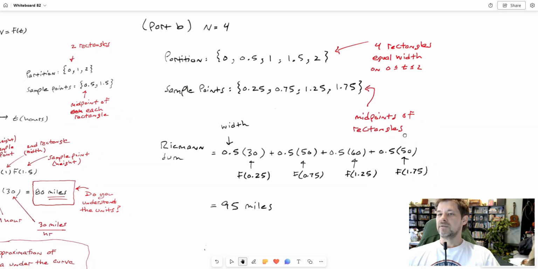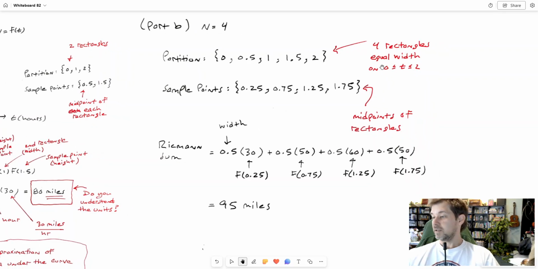All right, so here's the partition dividing the space from 0 to 2 into 4 equal parts. Now, if I want to, I can imagine those as 4 rectangles standing on the horizontal axis. And then here are the midpoints, okay? The Riemann sum is the width of the first interval times the function value at the sample point plus the next one, plus the next one, plus the next one.